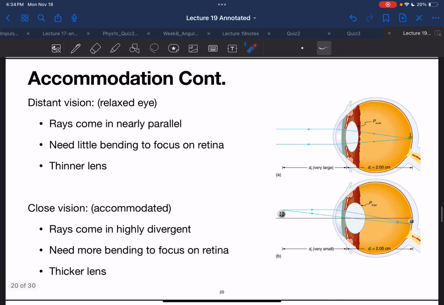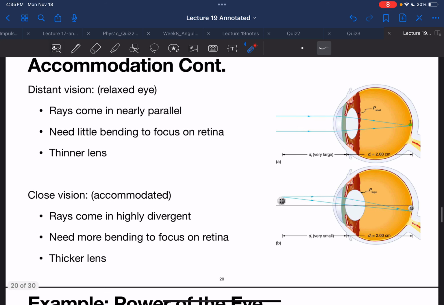So let's take out the two cases. We have relaxed vision, where the object is somewhere out here at infinity, and the image forms right on the focal point on the retina. On the other hand, in accommodated vision, when you have some object at a finite, smaller distance, if the lens still looked like this, the image would form somewhere back here.